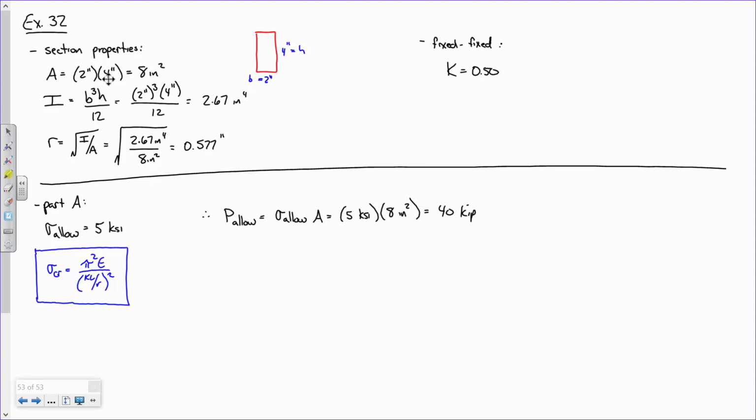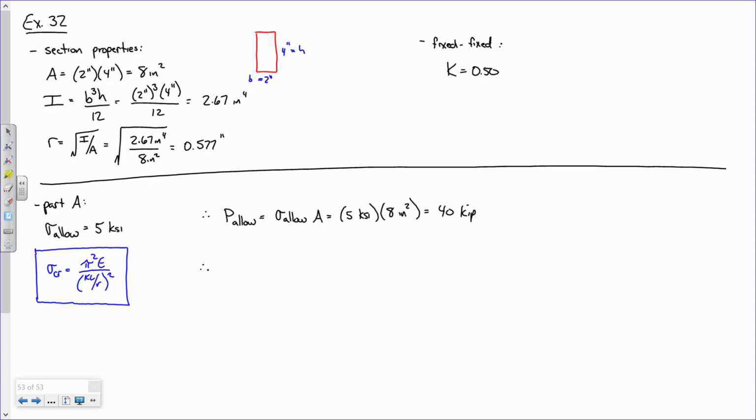Well, what do we not know? We know E, right? That was given, it was 1600. We know R, we know K, we don't know L, right? So we can take this equation, rearrange it a bit, and solve for the length, okay? So how do we do that?